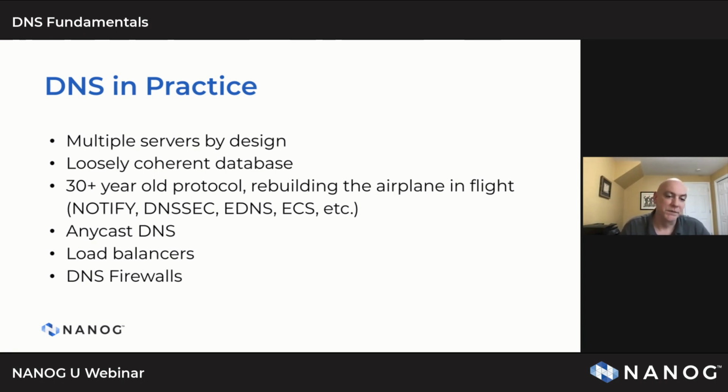And then some people use DNS firewalls to filter out content, right? Someone mentioned in the chat earlier about dangers for those that are under 18, right? So there are age-related things that you might want to filter out content.